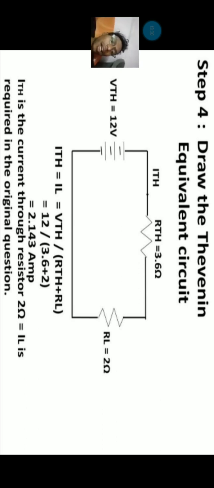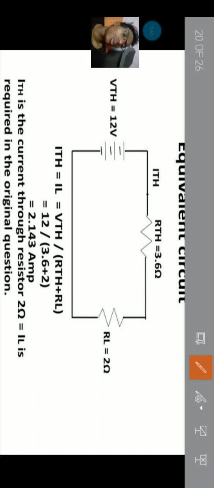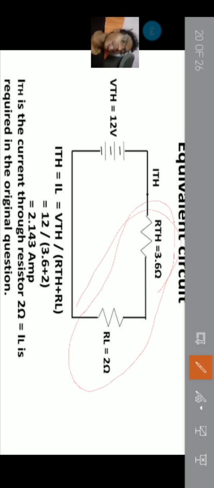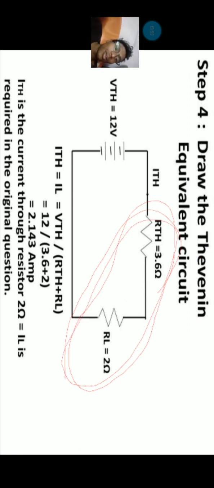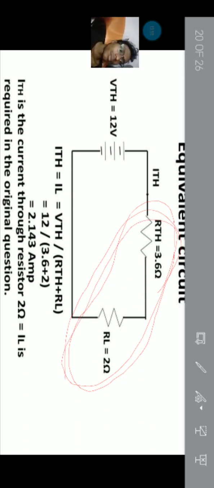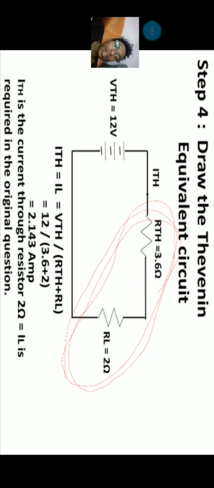Then finally we calculate the current, where according to Ohm's law I is equal to V by R, where V is 12 and R is the sum of the two resistors, 3.6 plus 2.